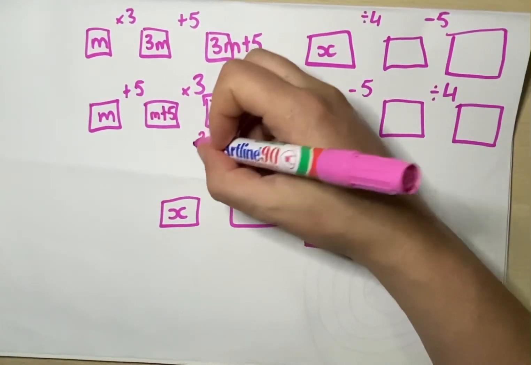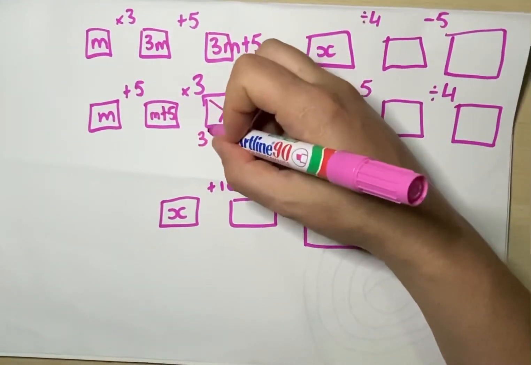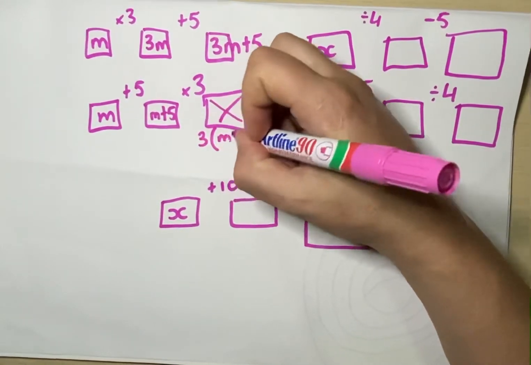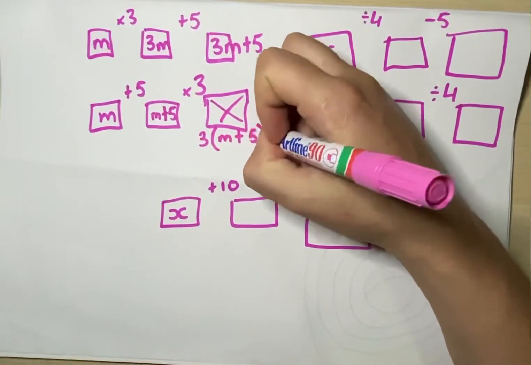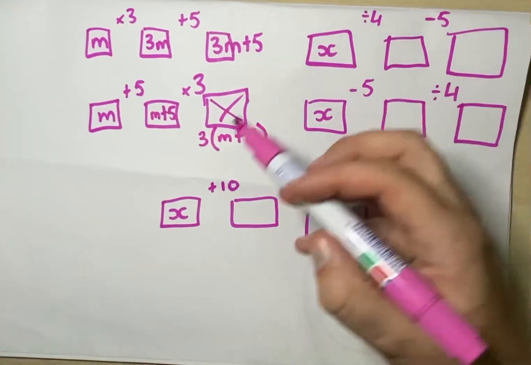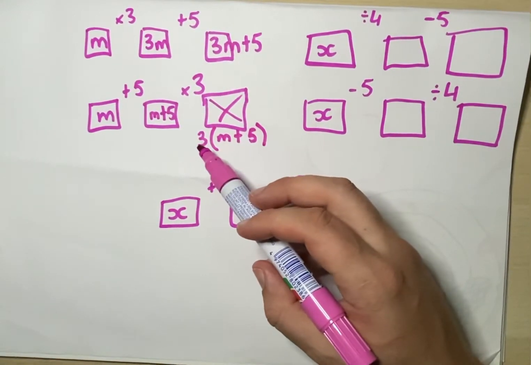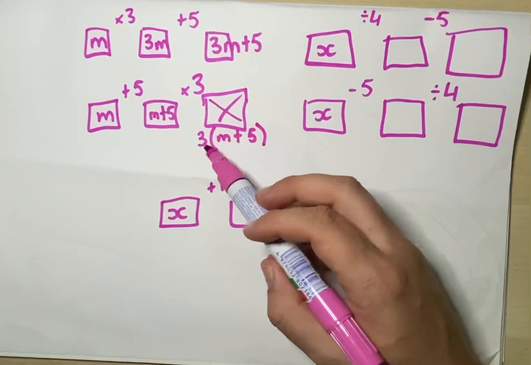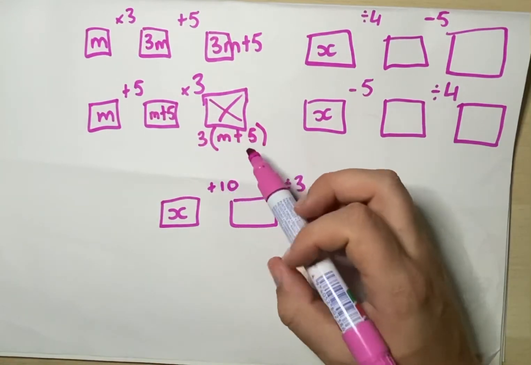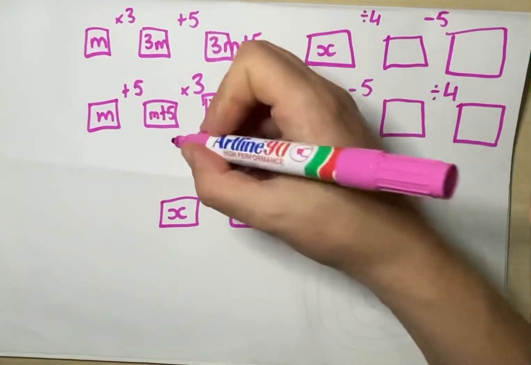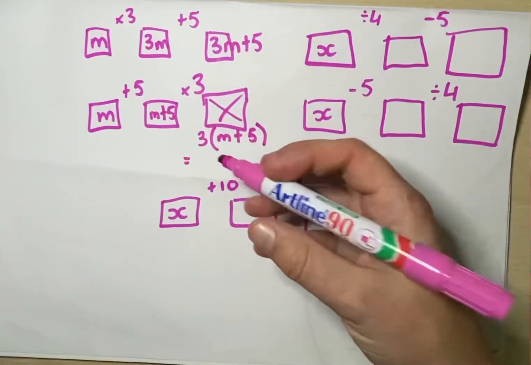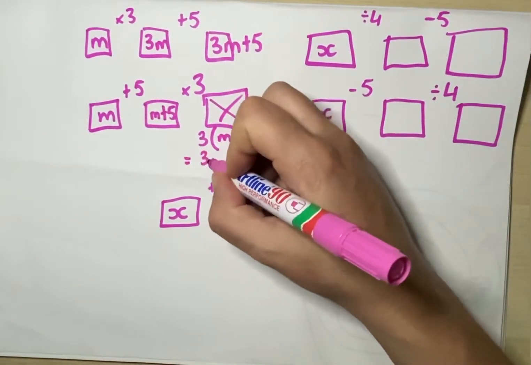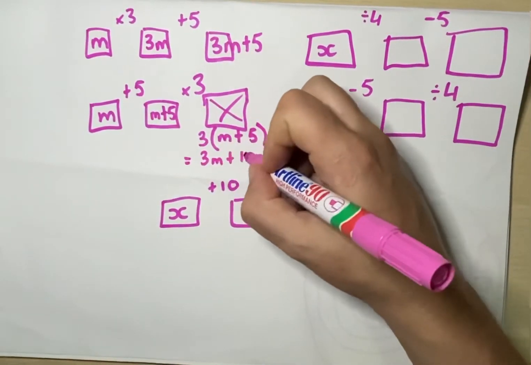We bring the 3 out the front and then we insert brackets like that. And what those brackets mean is anything out the front of those brackets needs to be multiplied into the two values. So if we were to extend that and solve that further, it would actually end up being 3m plus 15.